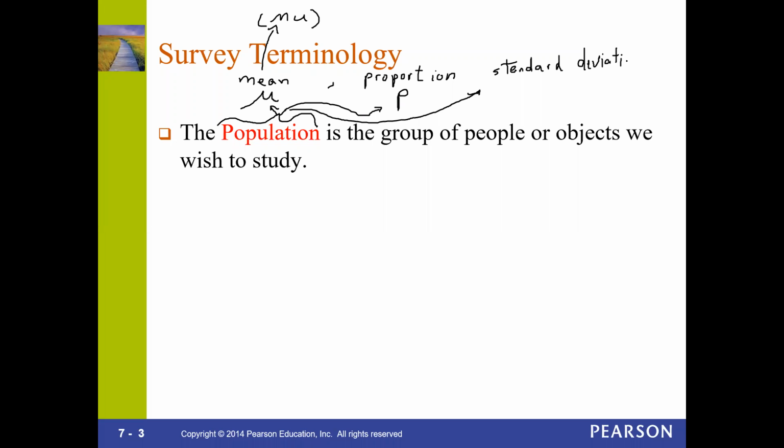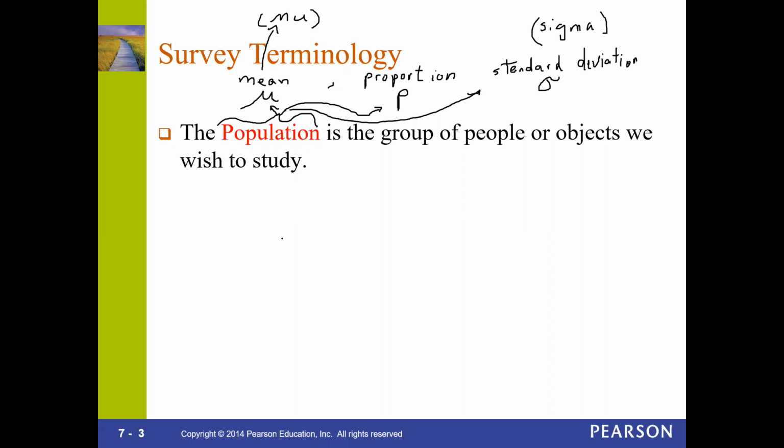The symbol that we use for it is this one, and the pronunciation is sigma. So you got the mean, mu, the proportion, P, and the standard deviation, sigma. These are things that we spoke about before at the beginning of class.